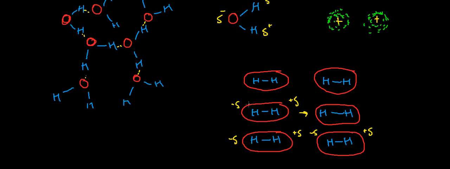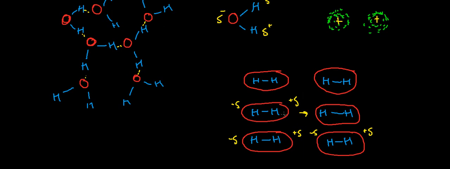Let's say for just a second that in this hydrogen there were more electrons on the left side than the right side, just momentarily. If this happens and it's next to another hydrogen, its temporary positive charge on one side will be attracted to the slightly higher electron density of the adjacent molecule.